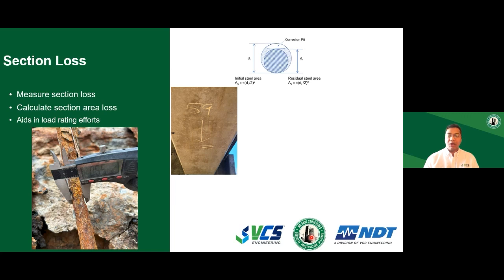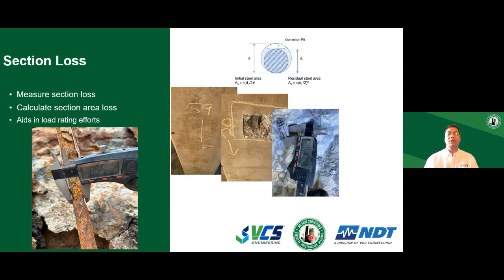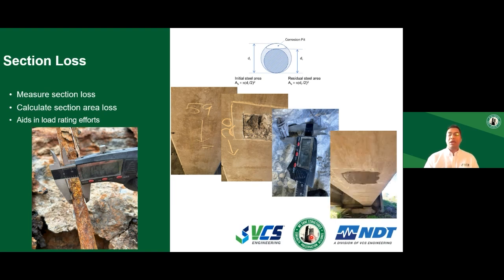Effectively, you try to measure the remaining diameter or remaining section of the steel reinforcing. You chip out the concrete, expose the steel, and take the measurement. You compare it with the original reinforcement that was used, and you calculate the section loss. Obviously, if you see a higher section loss, that's a concern, and that can call for more corrosion remediation or concrete repairs in the future.